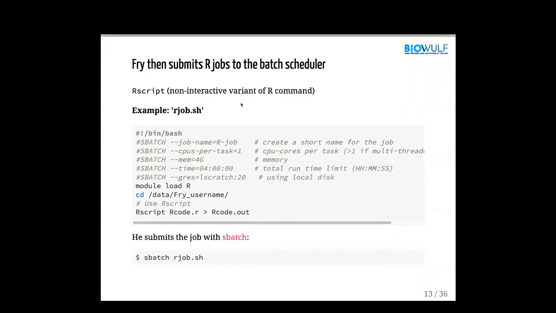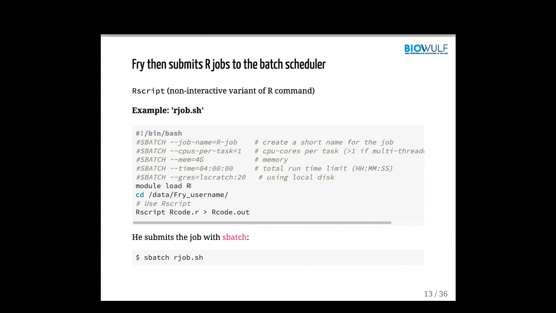So the last thing I want to do is submit our job to the batch scheduler. As some of you might be familiar, Biowulf is using Slurm as the job manager. So all of the parameters here are unique to Slurm. Here's an example: if you submit a batch job, you can define the job name, the number of CPUs per task you're using, memory, running time, and you can also include the lscratch definition in the batch script.